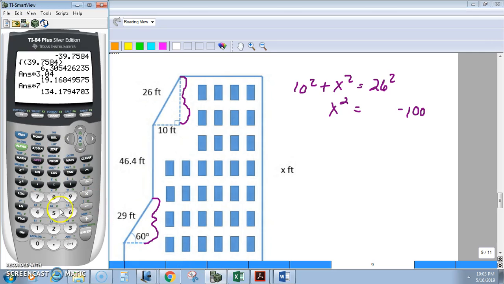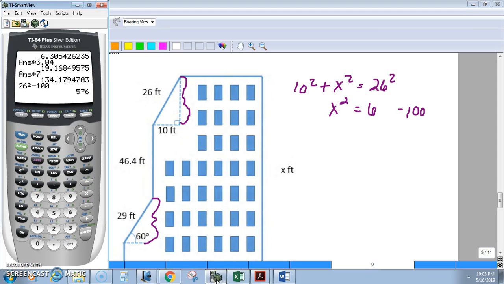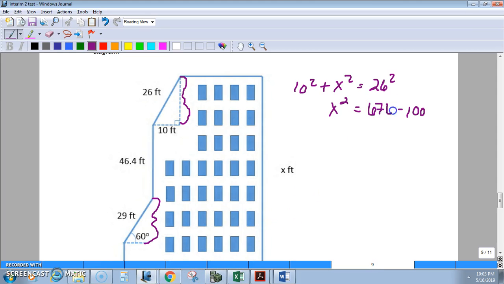So let's do that. 26 squared is 676. And then when we subtract 100, we get 576.